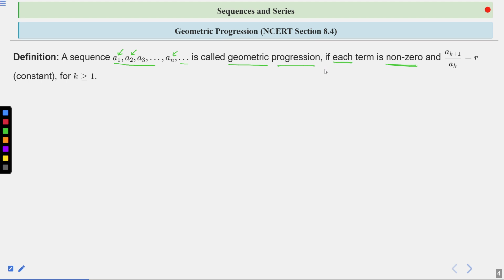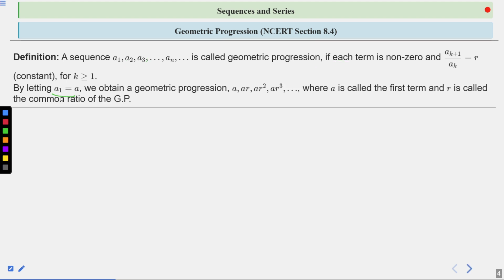First of all, we want our terms to be non-zero, and the common ratio A(k+1) by A(k) must be some fixed number R. Meaning, if you pick any two consecutive terms, say A2, A3, now just divide the successor by its predecessor, and if you are getting some constant number R each time, then your sequence is going to be a geometric progression or geometric sequence. Simple.